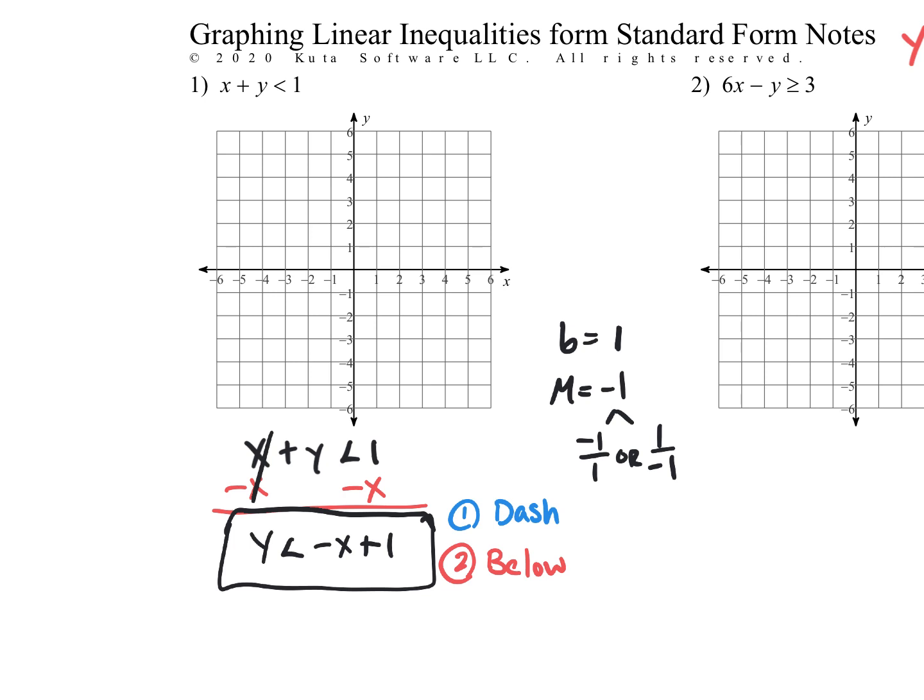So now it's all about graphing it. You put your y-intercept in there at the number 1. Now, with the slope, if it is negative 1 over positive 1, that means you go down 1, right 1, down 1, right 1, and you follow that pattern until you run out of space.